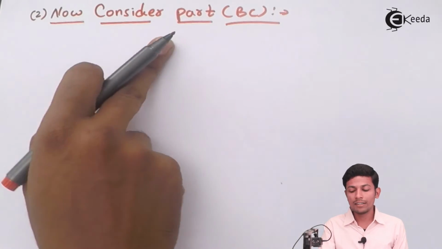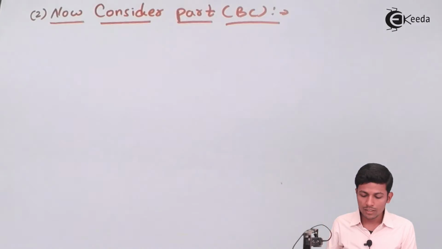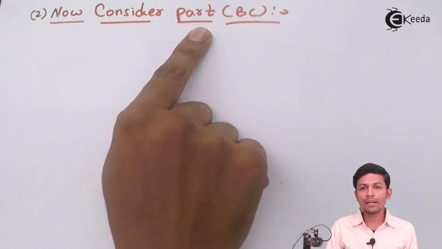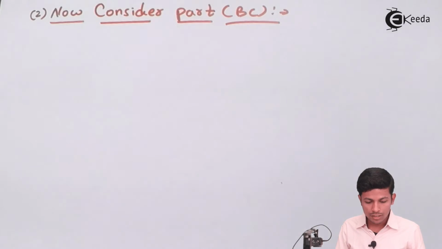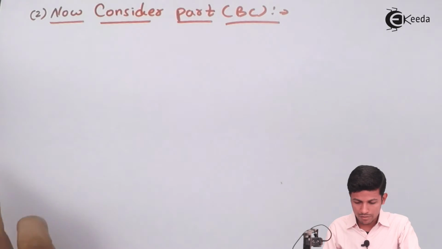Now consider part B and C. Draw the FBD of that part first.